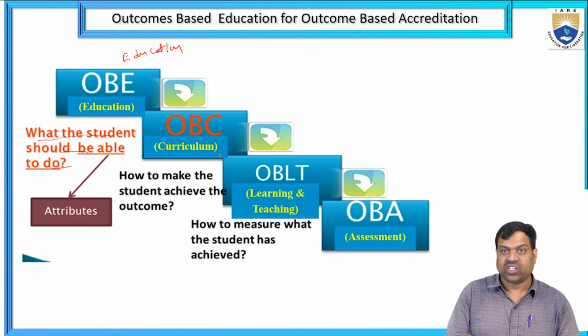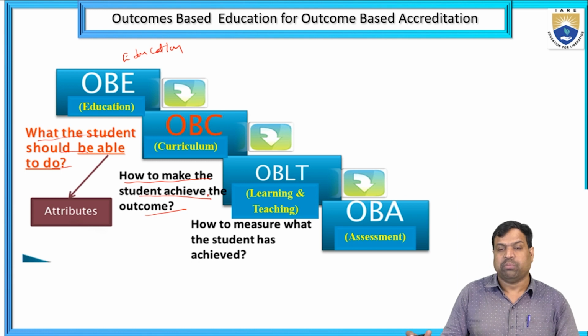Next, OBC, that is the curriculum. How to make the students achieve the outcome. How much curriculum is important to get the knowledge from the student point of view. Suppose students are at different levels, first year, second year, third year, and final year. Each year, how much knowledge are they getting, how much do they need to improve to achieve their goals. That is the curriculum.